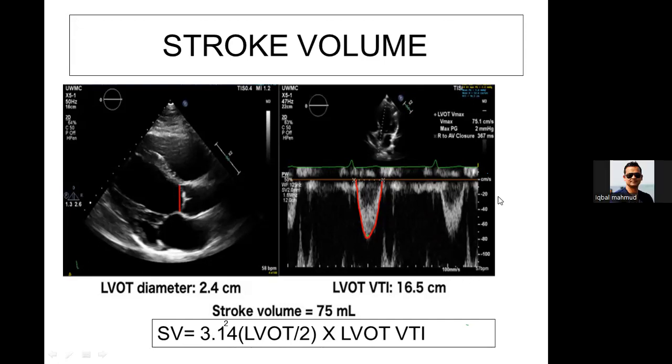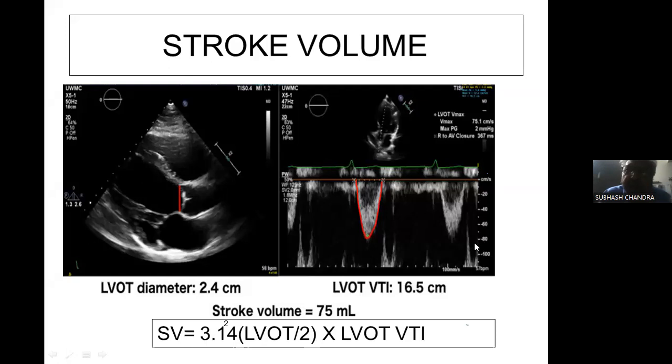Dr. Subhash, where do you want to utilize this LVOT stroke volume? I want to use it in fluid therapy, to see whether I'm improving the stroke volume of the patient by giving fluid, or I'm pushing the patient into left ventricular failure. So long as my stroke volume is improving, I will keep on giving the fluid.